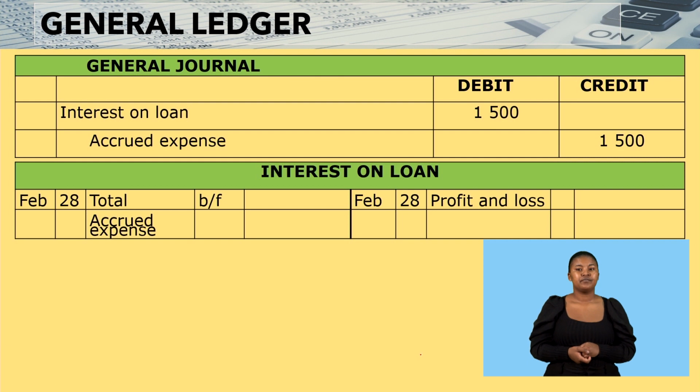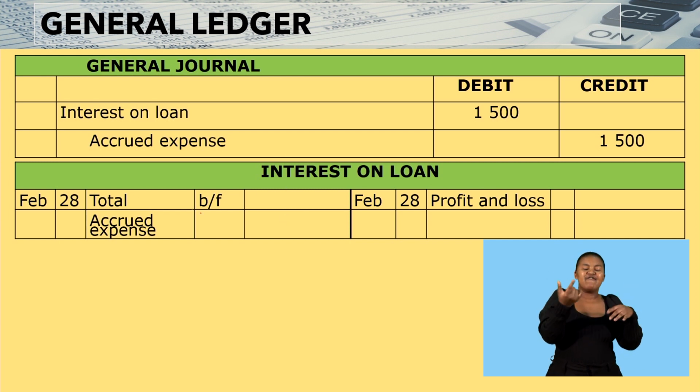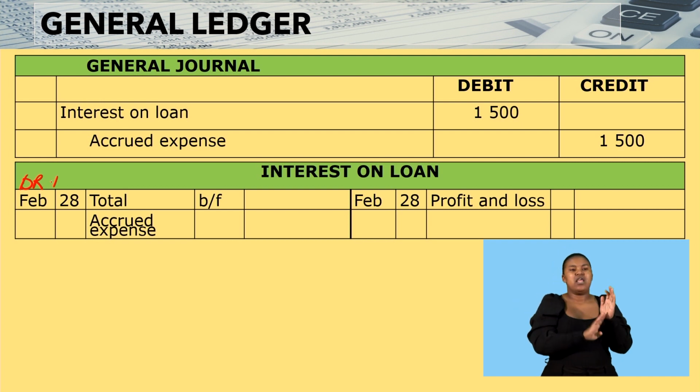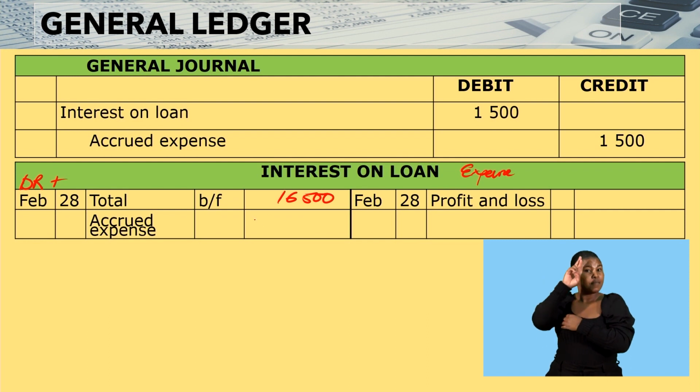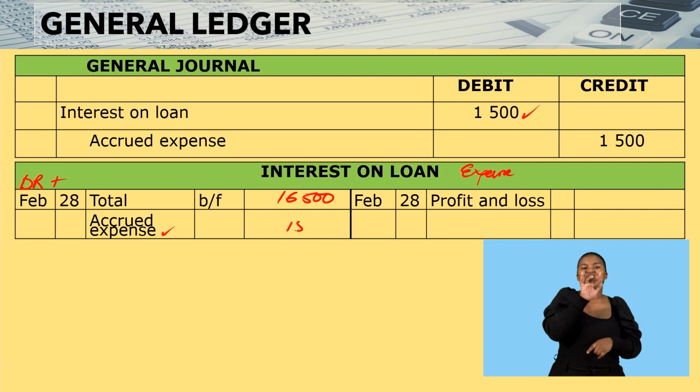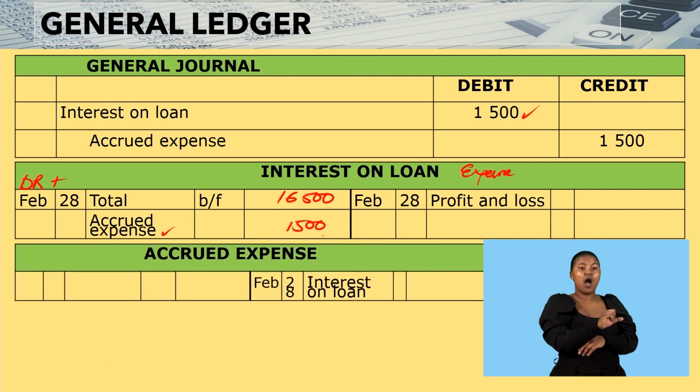When you are doing now the general ledger, it becomes very easy. Let's start with the interest on loan. Remember, interest on loan is an expense, hence it increases on the debit side. This is an expense account. So I have the total, the one for 11 months. Remember, it was 16,500. But we then debited interest on loan with 1.5. So I'll come here, then I'll say accrued expense, 1,500.